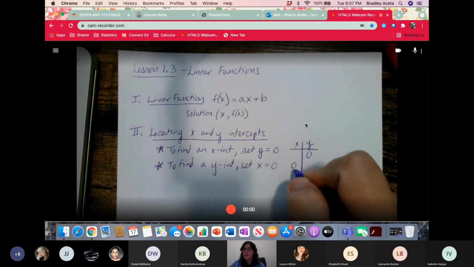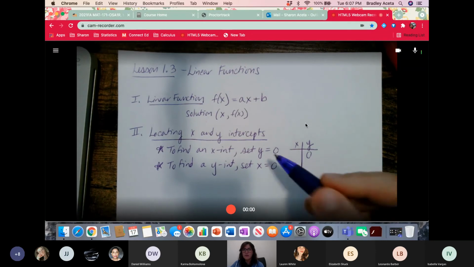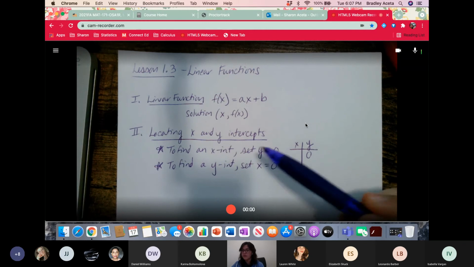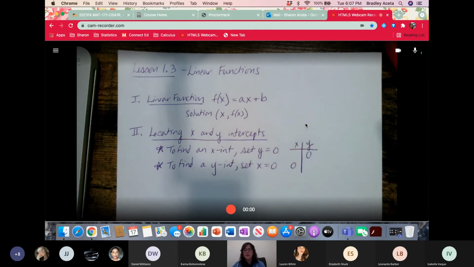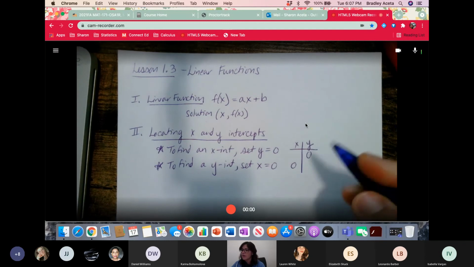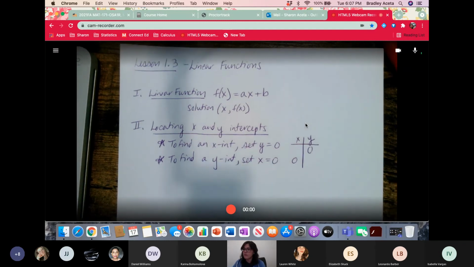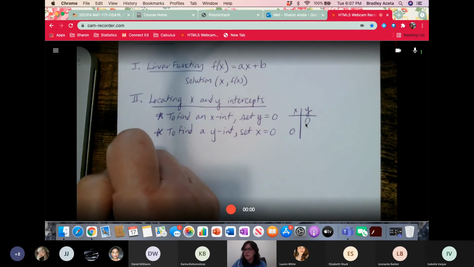So you put a 0 here, and then you would find out what the y value is. So they're kind of like flip-flop. If I want to find an x, I set the y equal to 0. If I want to find a y, I set the x equal to 0. And you make this little table right here, and those are your x and y intercepts. Okay? So that's another quick little definition. And like I said, we'll do examples in a minute.